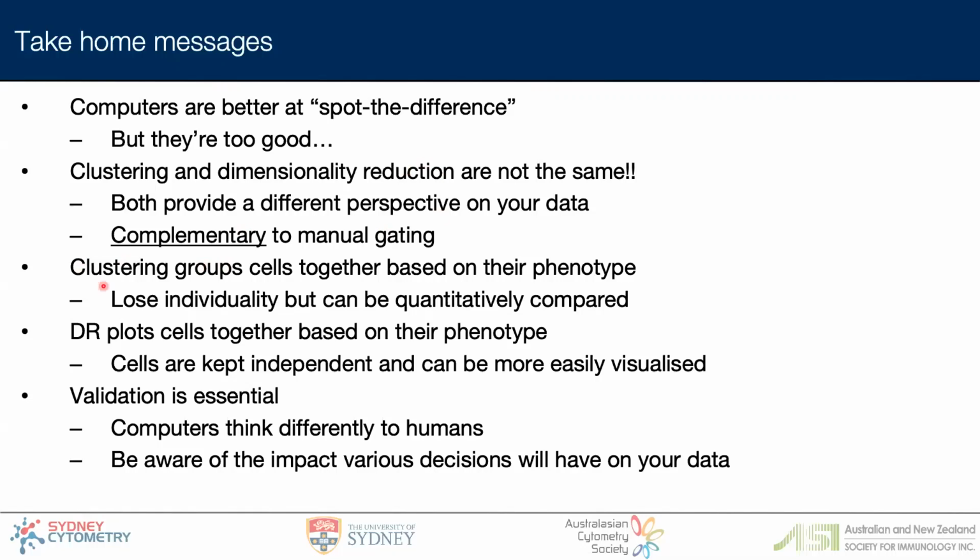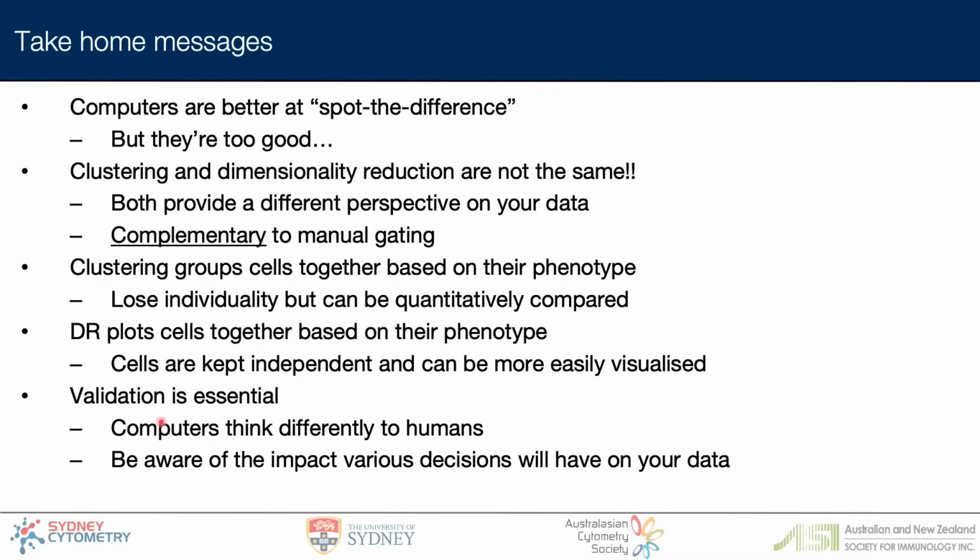So as we went through, clustering itself is able to group cells together based on their phenotype. This allows us very quick quantitative data, so we can easily compare between groups. Dimensionality reduction, on the other hand, keeps the cells independent of each other, so you can very nicely visualize the heterogeneity of your data, or look at co-expression of various markers.